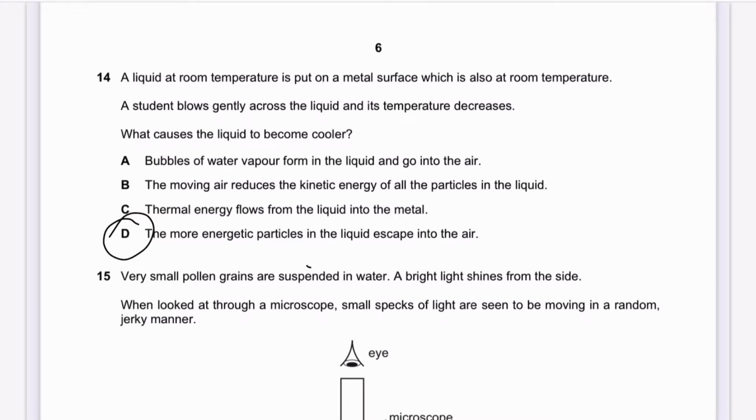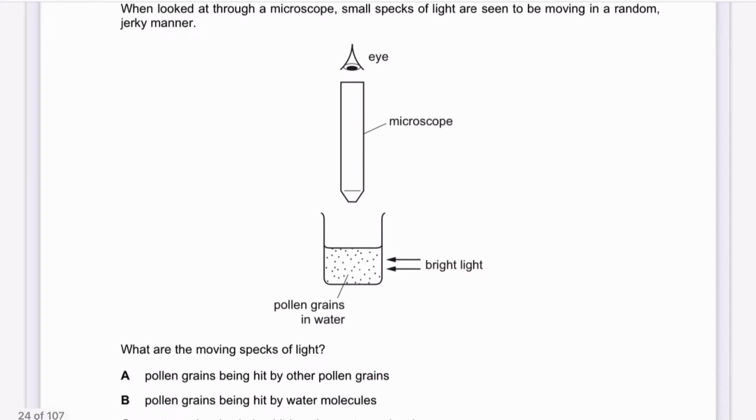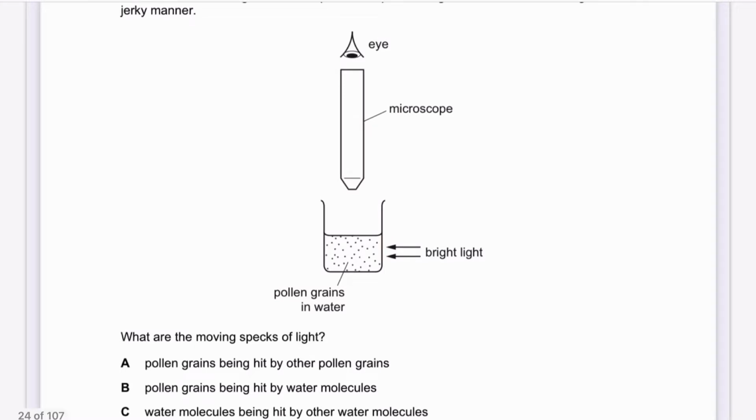15. Very small pollen grains are suspended in water. A bright light shines from the side. When looked at through the microscope, small specks of light are seen moving in a random jerky manner. So what do we have here? We have an eye viewing pollen grains in water via a microscope, and then we have bright light coming in from the right hand side.